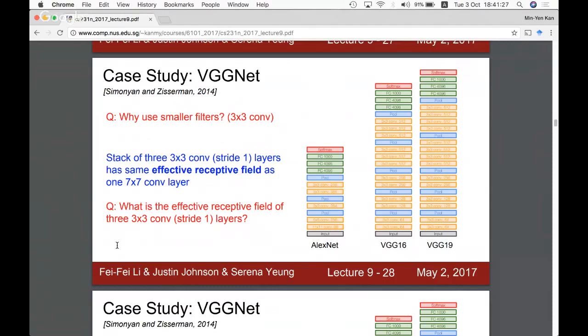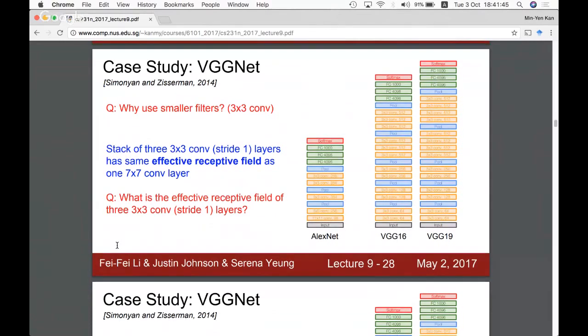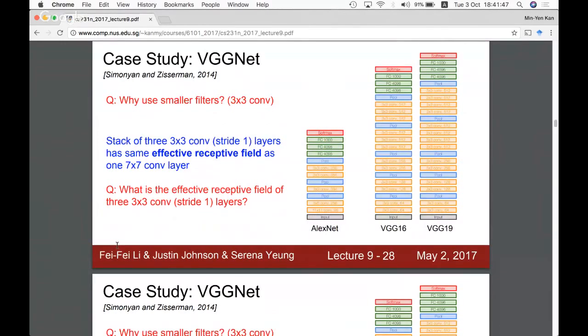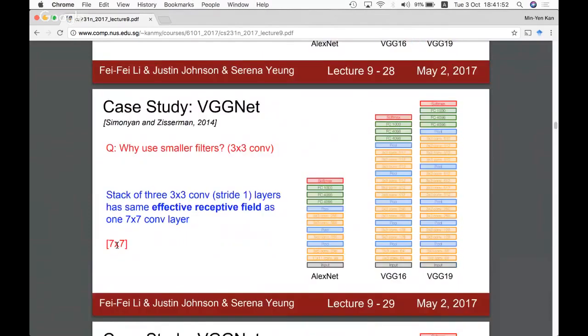This is without any zero padding, and effectively this is the same as putting a 7x7 conv layer. If you put a 7x7 conv layer without any zero padding, it's going to give you the same thing as three smaller 3x3 convolution layers.